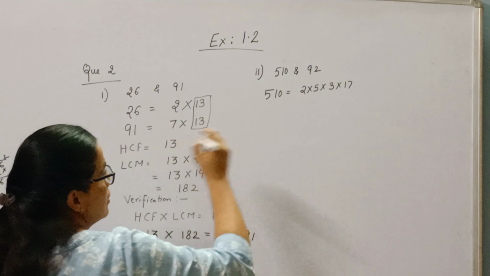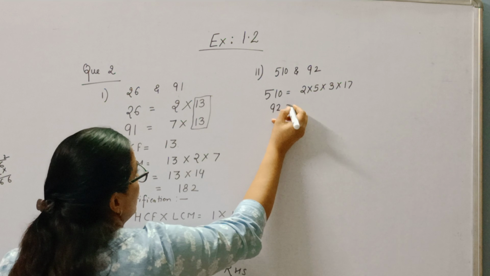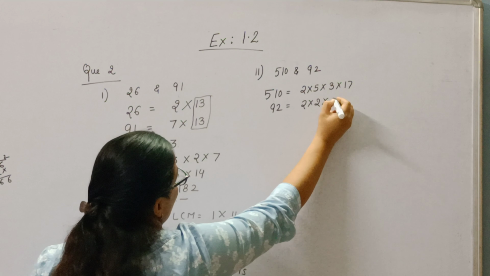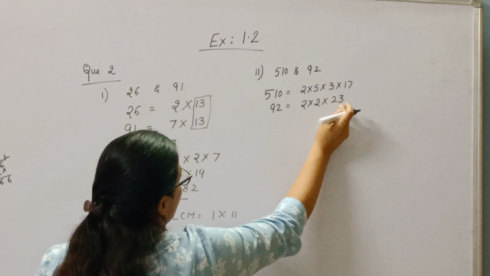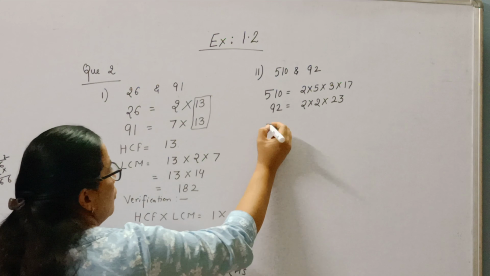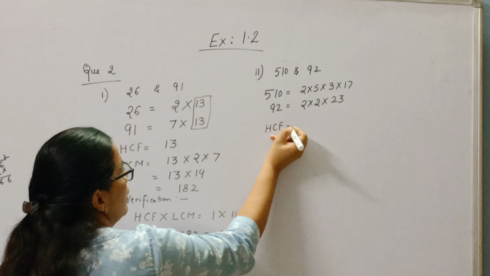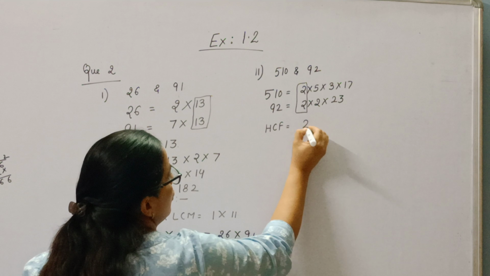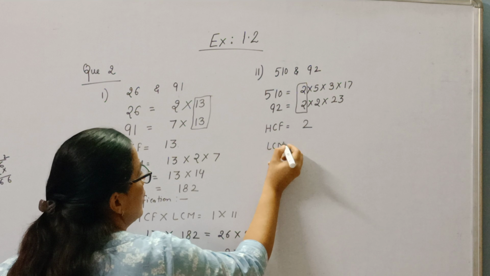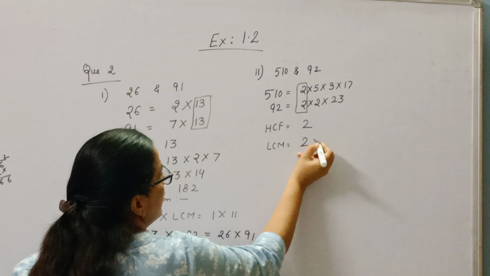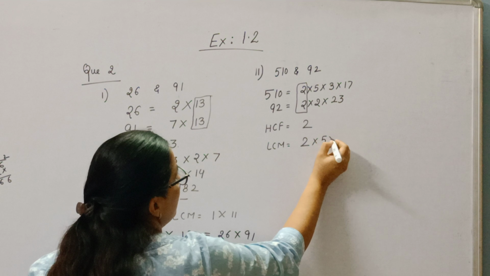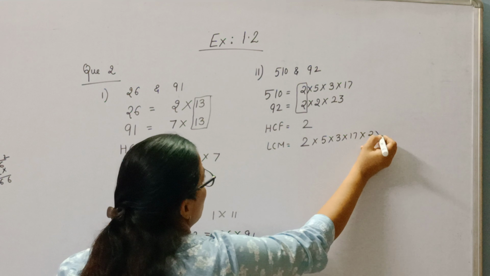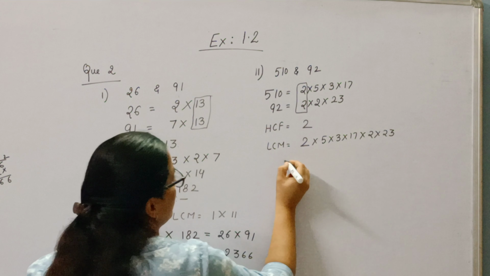So these are the factors. 92 is 2 into 2 into 23. Now, HCF would be the common factor, which is 2. And for LCM, first take the common factor and the other numbers: 5 into 3 into 17 into 2 into 23.